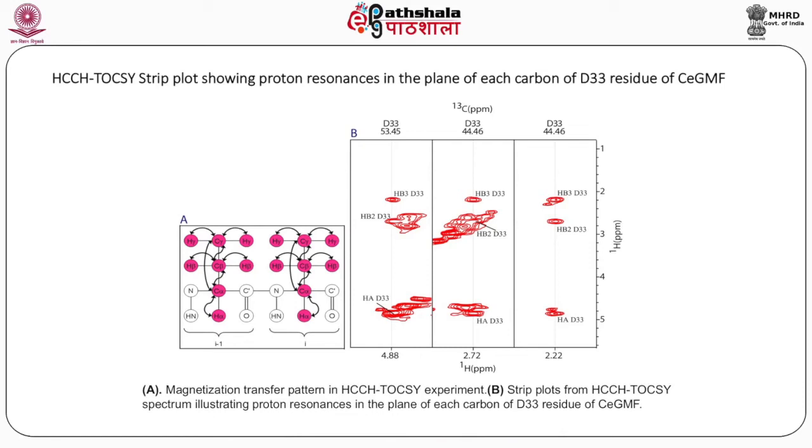You have the left strip with the carbon chemical shift of 53.45, which corresponds to the C alpha carbon, and then you have the C beta carbons at 44.46, and then there are these proton chemical shifts for the C alpha. The H alpha is at 4.88, whereas the others are at 2.72 and 2.22.